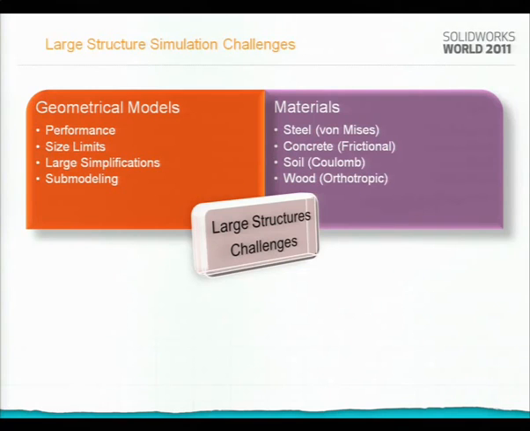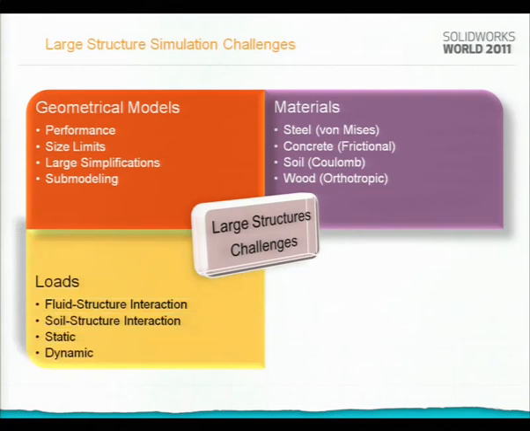For example, if we are working with steel, we have to see von Mises. If we are working with concrete, for example, it's a frictional model, but we have to see, for example, principal stress. If we see von Mises, it's wrong, right? So with different materials, we have the same result, but some results are useful and the others are not useful. The same for soil and wood.